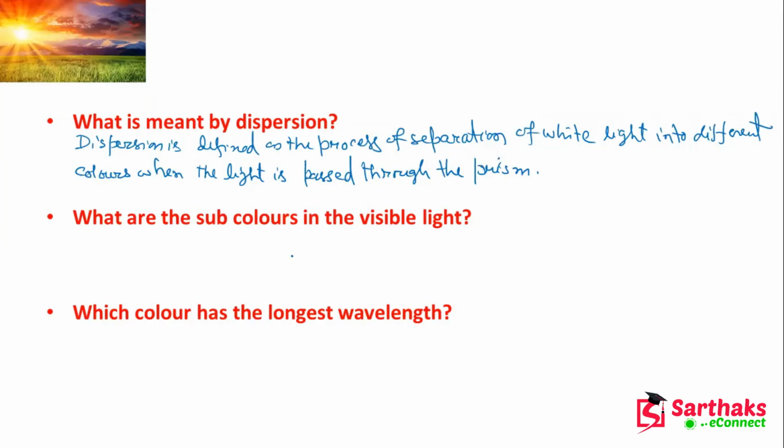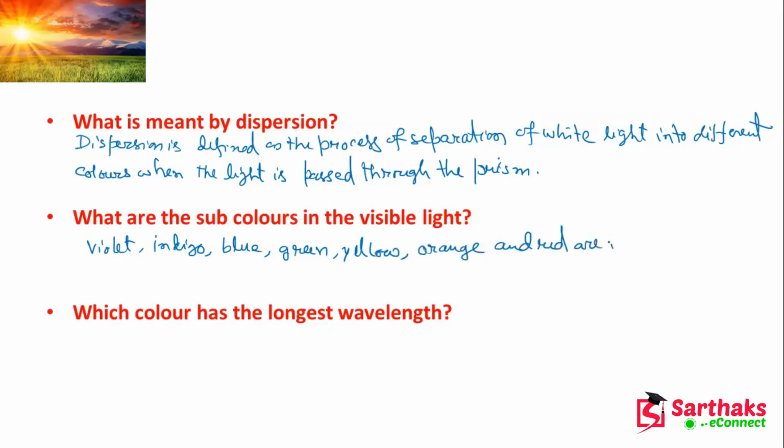Okay. And what are the subcolors in the visible light? Subcolors are violet, indigo, blue, green, yellow, orange, and red are the subcolors in the visible light.